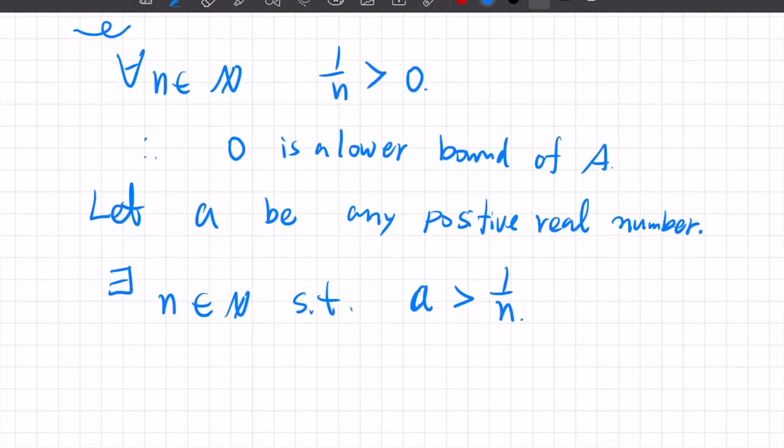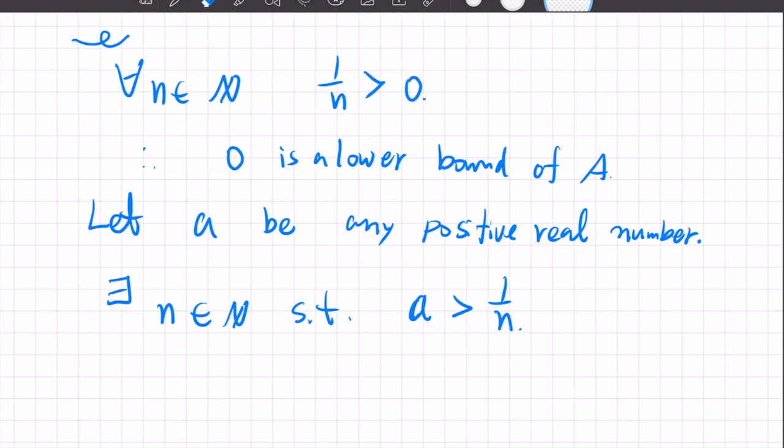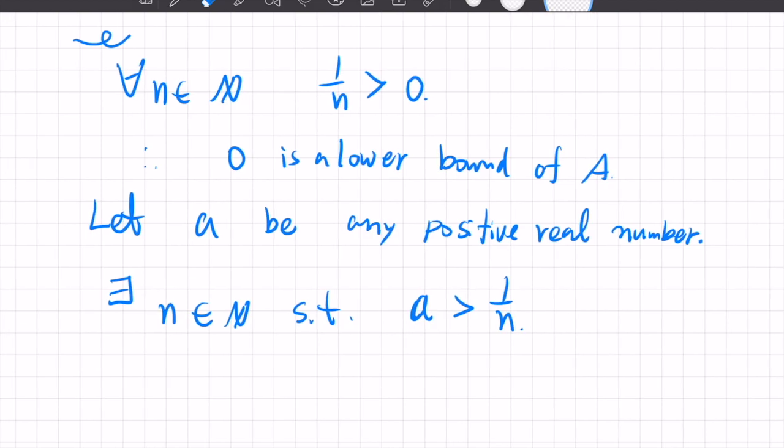So this means no positive real number is a lower bound of this set A, because any positive number can be greater than 1 over n for some n, right?